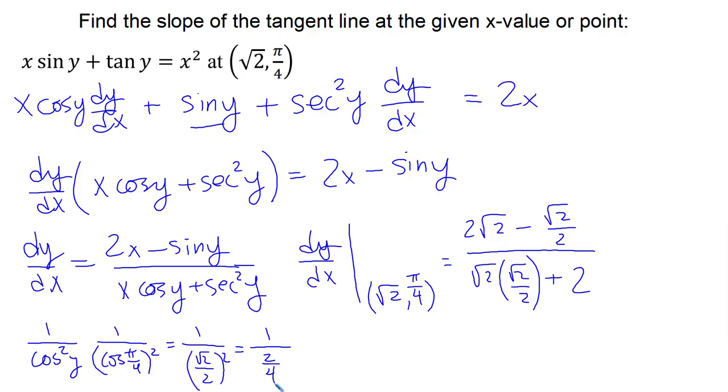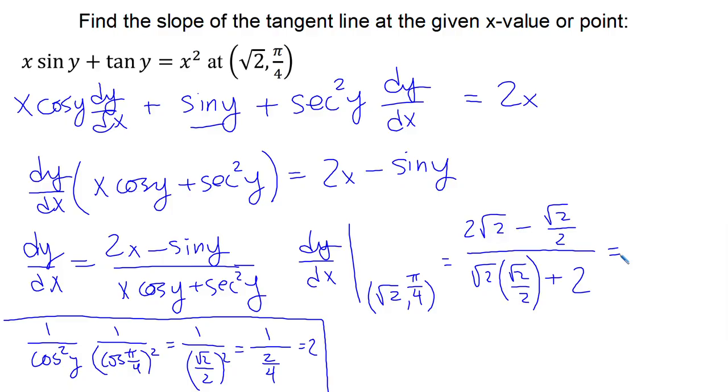If you take the reciprocal of 2/4, that's 4 over 2, which is just 2. So if you don't just remember that the secant of pi over 4 is root 2, you can do this process with the sines and the cosines that you probably know a little bit better. But anyway, now we should just simplify this down.